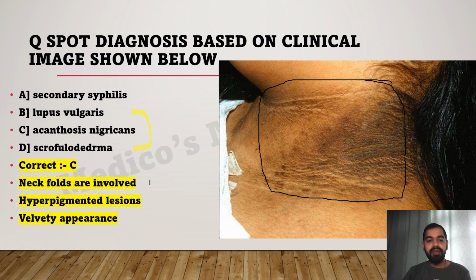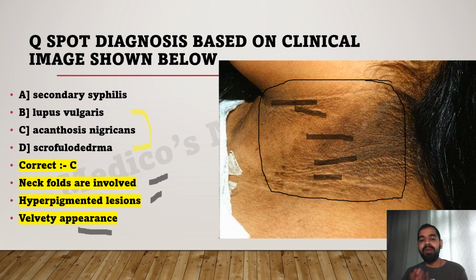Neck folds are involved, and a hyperpigmented lesion you can see here, with a velvety appearance. This is the velvety appearance, my dear friends, of the skin, and neck folds are involved with a hyperpigmented lesion. All these features represent acanthosis nigricans.